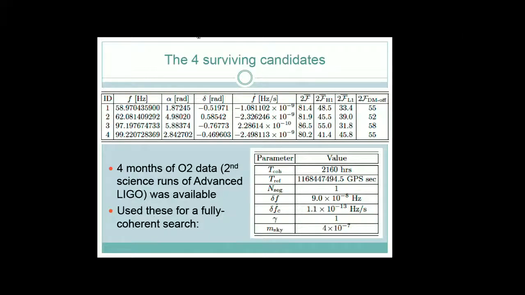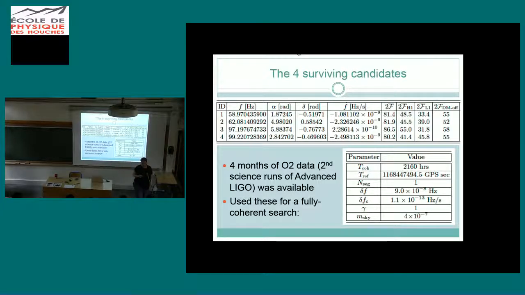With this veto developed a little bit more, there's a whole bunch of details that I'm not explaining, but this is the idea. We managed to go from 6,000 surviving candidates to 4. And we believe this veto is safe, by the way. We checked that it wouldn't accidentally remove our signals. And so these were our 4 surviving candidates.